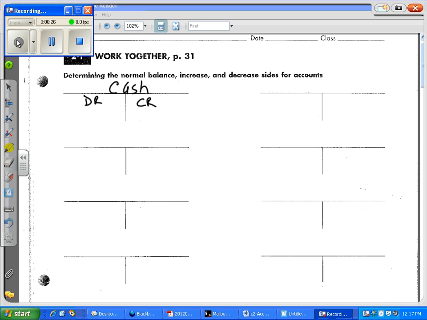So for our accounts, we have cash. We have accounts receivable, and I'm going to abbreviate that AR, and that's for Christine Kelly. We have supplies. We have prepaid insurance.